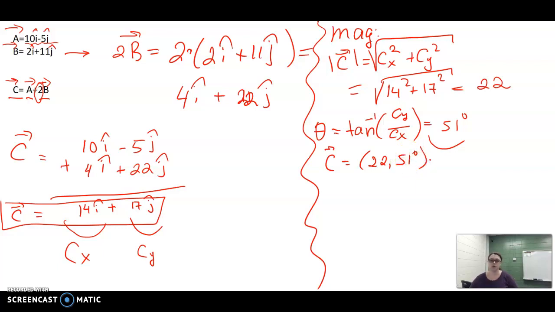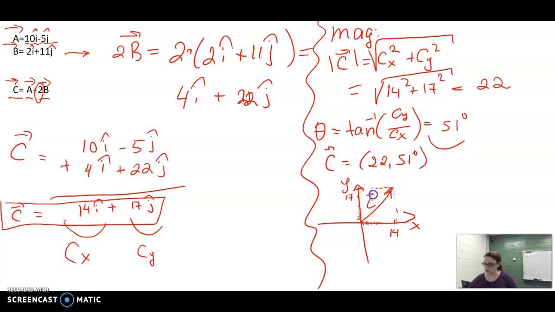But always check where your vector is pointing. So I'm just going to throw x and y axes here, and I'm going 14 units in x, right? So like 14 units is somewhere over here, and then I'm going 17 units in positive y, so I'm somewhere over here. So this is my 17. Therefore my vector C is doing this.